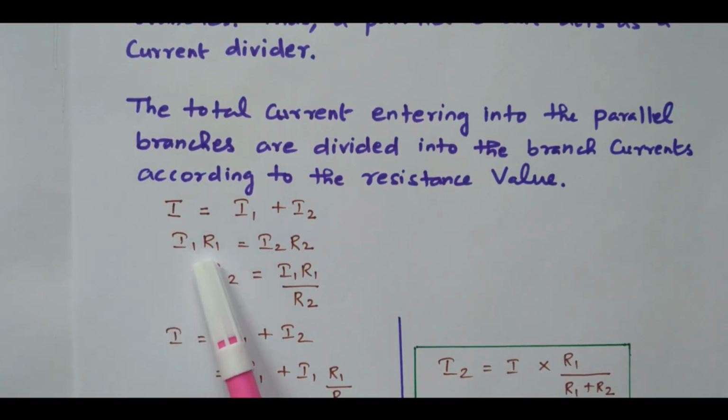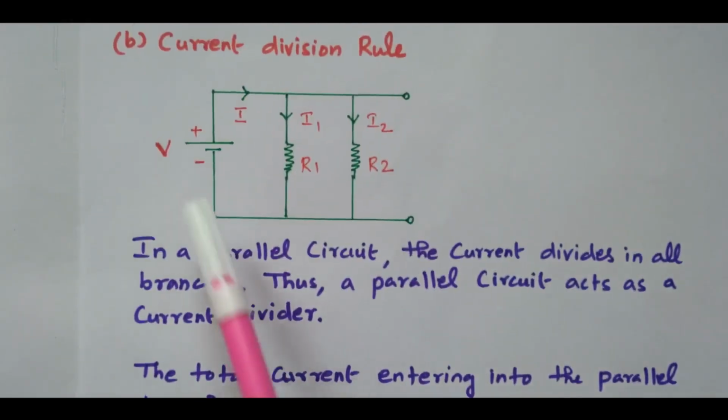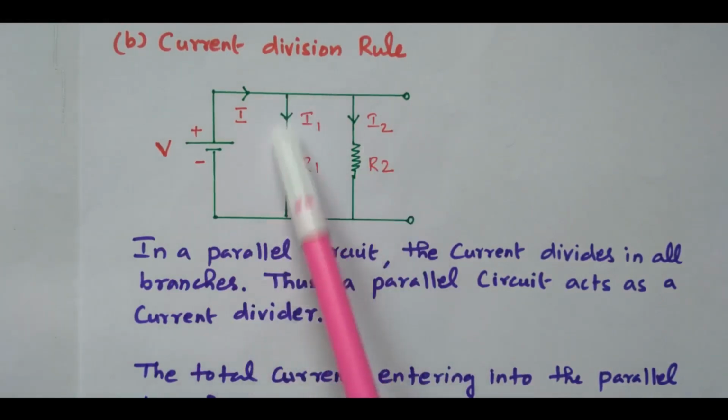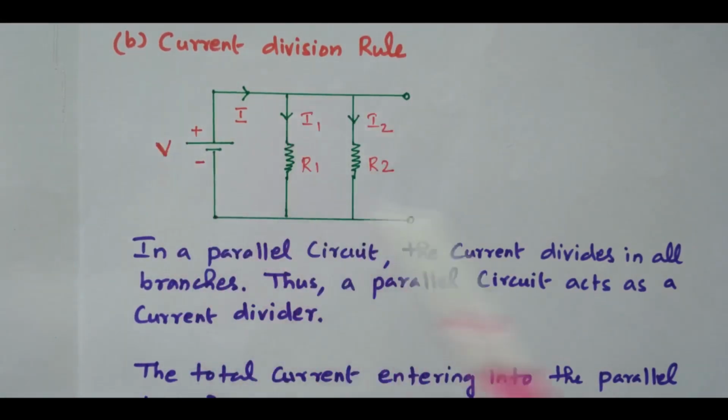So I1 R1 equals I2 R2 because the potential across both the resistors is equal. In this diagram, the same voltage is applied across R1 as well as R2. So the voltage across R1 is V, and the voltage across R2 is also V. Only the current changes.